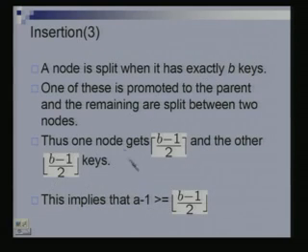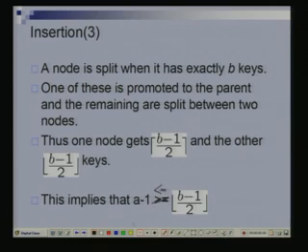So one node is getting only so many keys, which means that A minus 1 should be less than or equal to B minus 1 by 2. Thank you, this is an error. I will correct this, this should say less than or equal to B minus 1 by 2. Good.